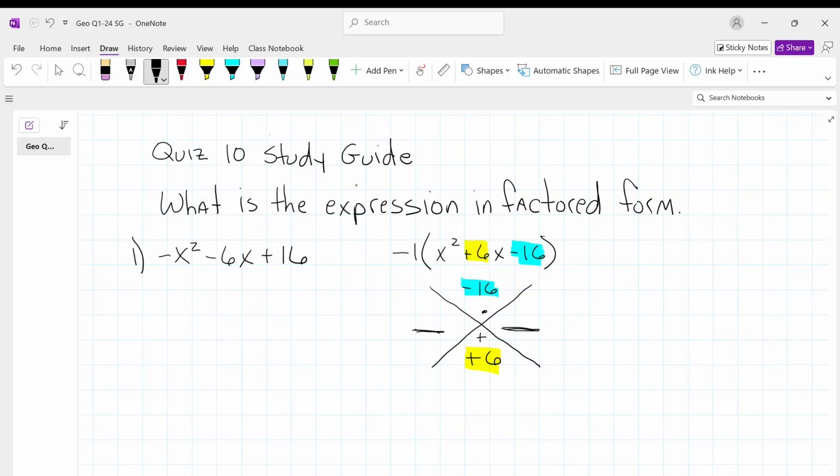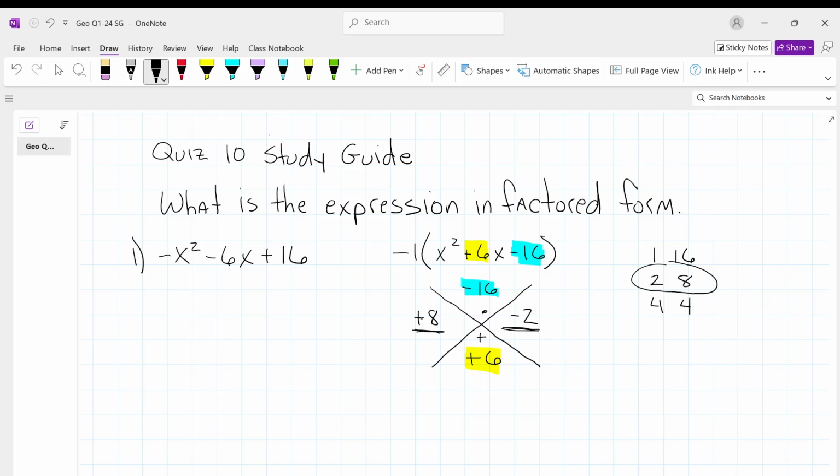So now we look at the factors of 16, which are 1 and 16, 2 and 8, and 4 and 4. The only two factors that combine for a 6 would be the 2 and the 8. We need it to be a +6, so we need a +8 and a -2.